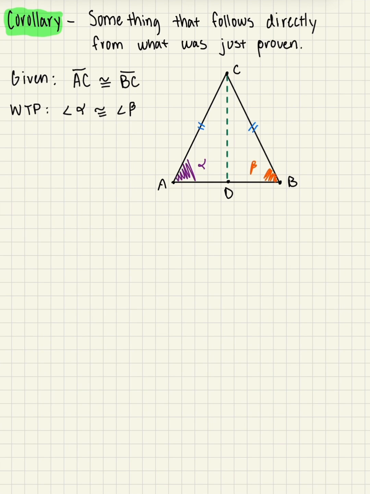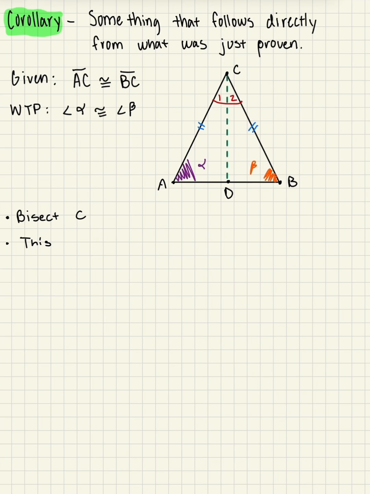Okay, so we're going to be starting when we bisect angle C, or point C. That'll be our first step. Bisect angle C. This will create two angles right here. We'll have angle 1 and angle 2.